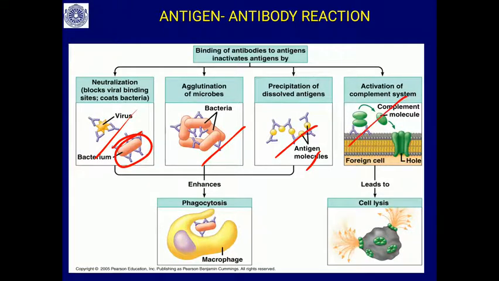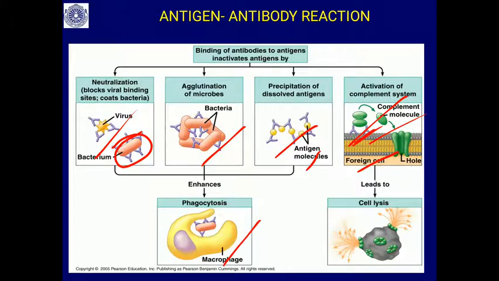Or else activating the complement system, so the microbe-infected cells carrying this antibody get noticed by the complement molecules, which make a hole in the bacterial cell, or else the cell affected by the virus.